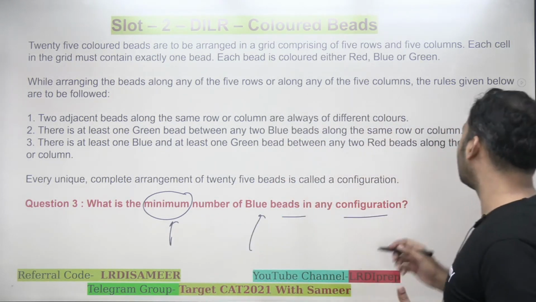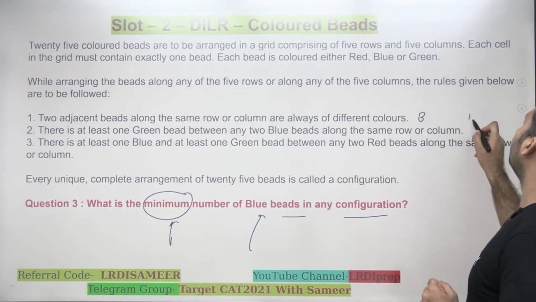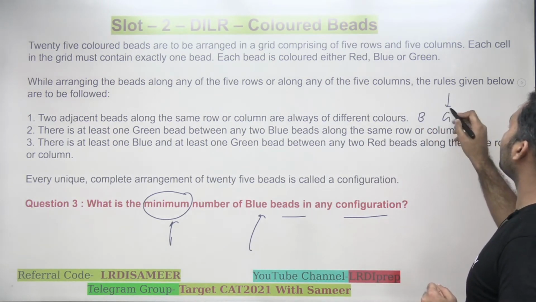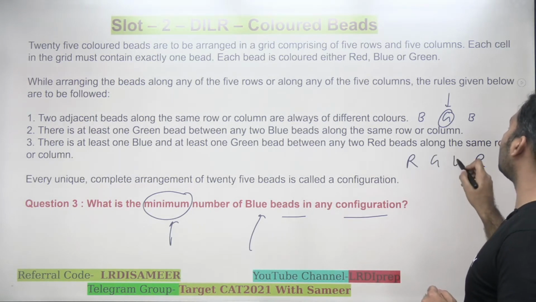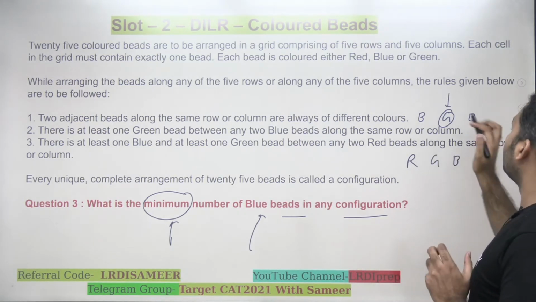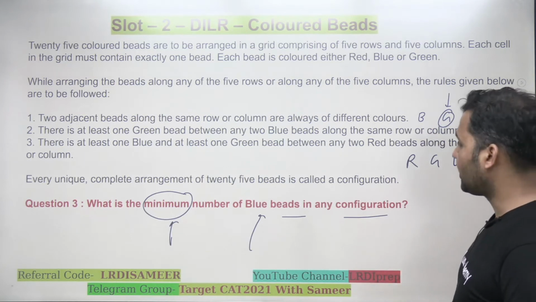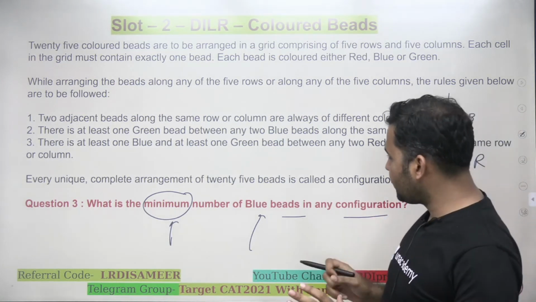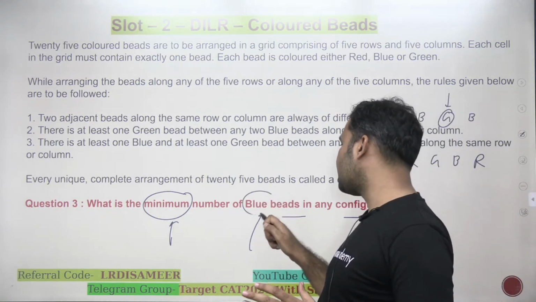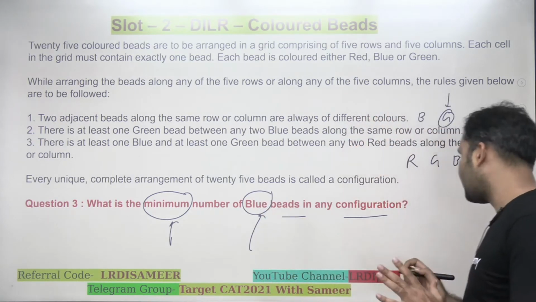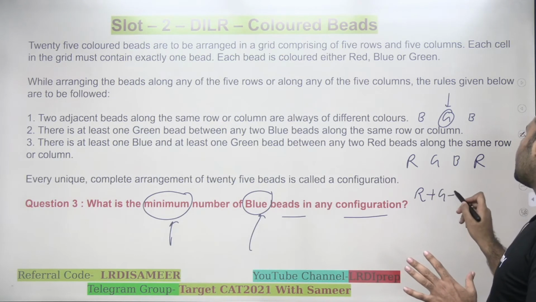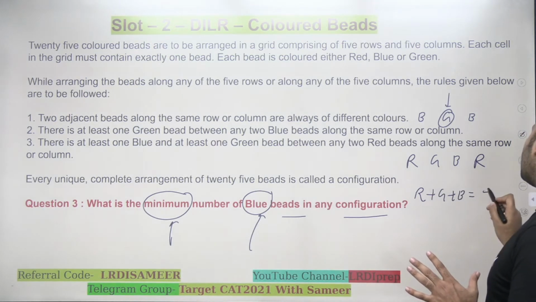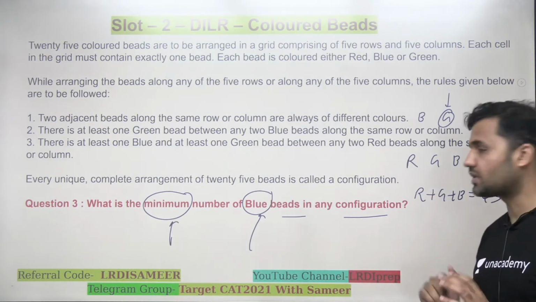The conditions we know: between two blues there has to be at least one green, between two reds there has to be at least one green and blue, and two adjacent cells should not have the same color bead. Our concentration should be on minimizing the blue beads. It's fixed that the total number of red plus green plus blue beads will be 25 for sure.